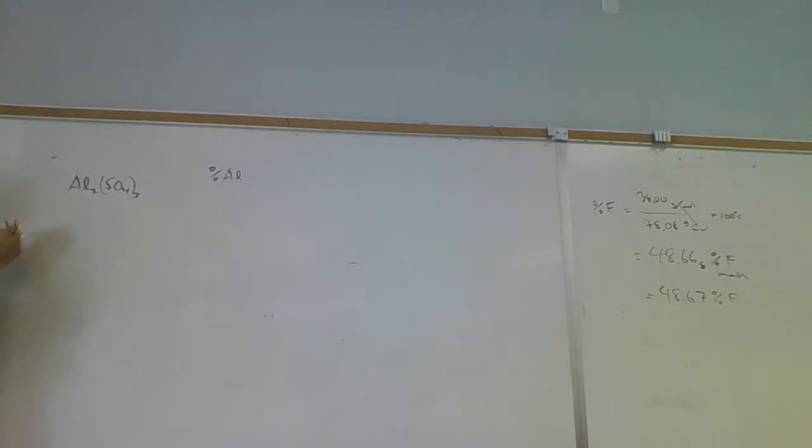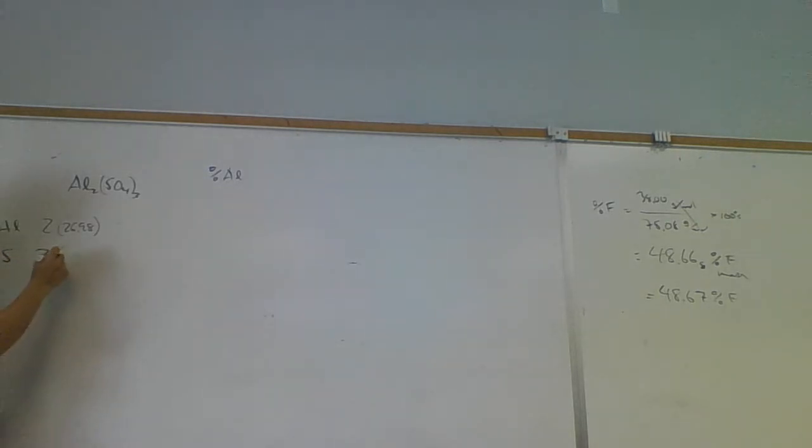So I have 2 aluminums. Let's figure out what the mass for aluminum is. Right here, 26.98. So that would be 2 times 26.98. Again, I'm going to leave off the units since we have some choice there. Then I'm going to go to sulfur. How many sulfurs do I have? 3 sulfurs.